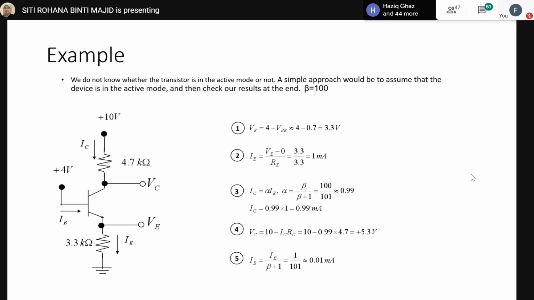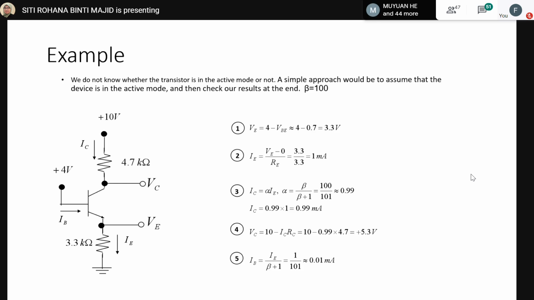We want to know the emitter voltage VE. So VE is 4 minus VBE, and this is the practical one because it's not mentioned in the question that it is the ideal one.